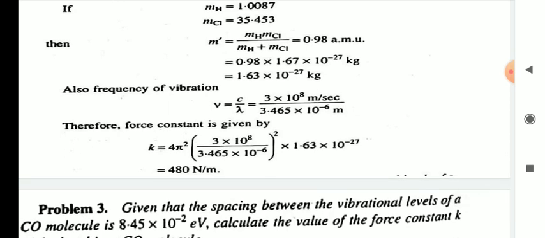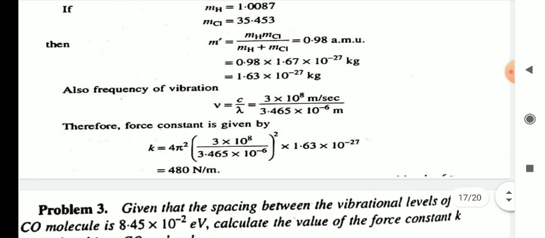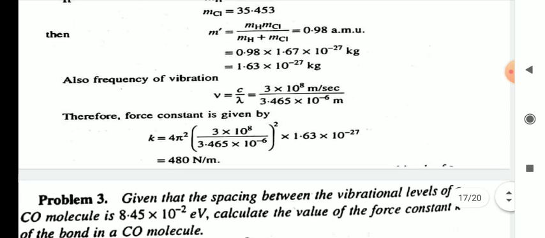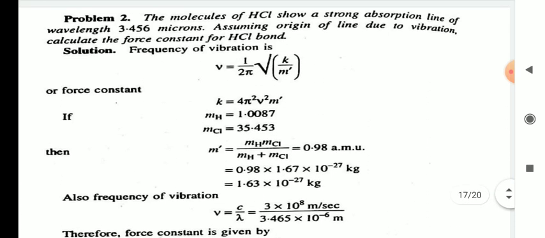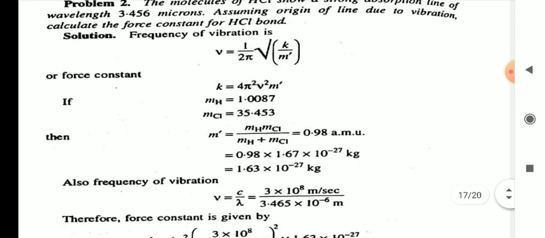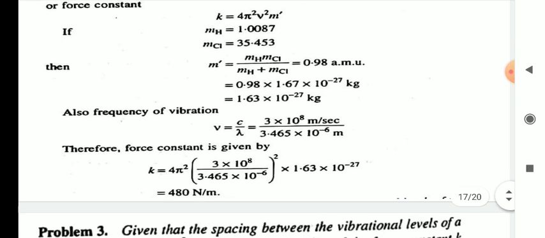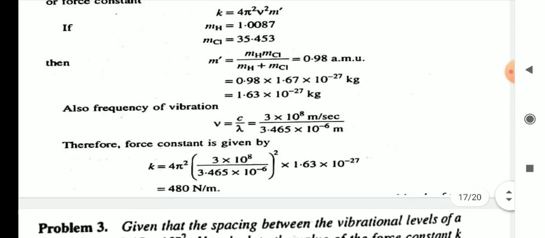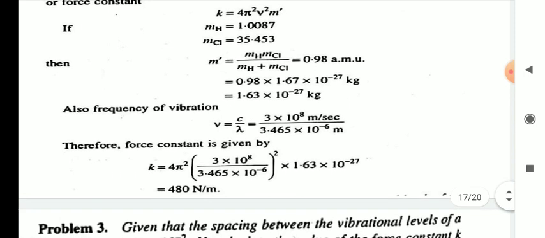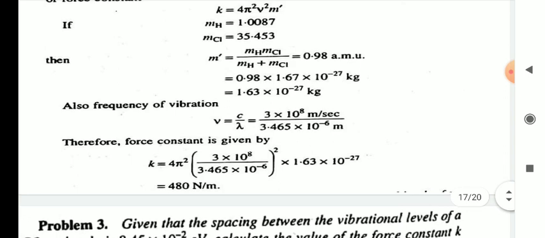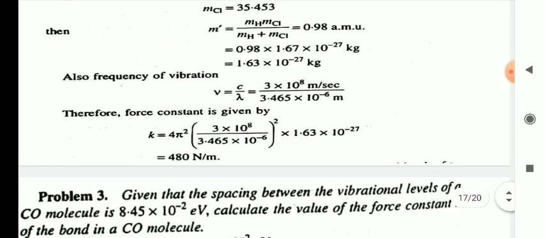The frequency of vibration is given by nu equal to c by lambda, where lambda is already given in the problem, and c is the velocity of the electromagnetic radiation, 3 into 10 raised to 8 meter per second, divided by the wavelength, 3.465 into 10 raised to minus 6.